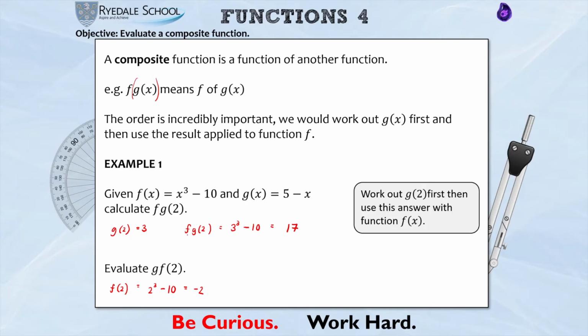So then if I'm doing g of f of 2, I have to substitute my value of f of 2 into g. So I'm doing 5 subtract negative 2. And that is 7.